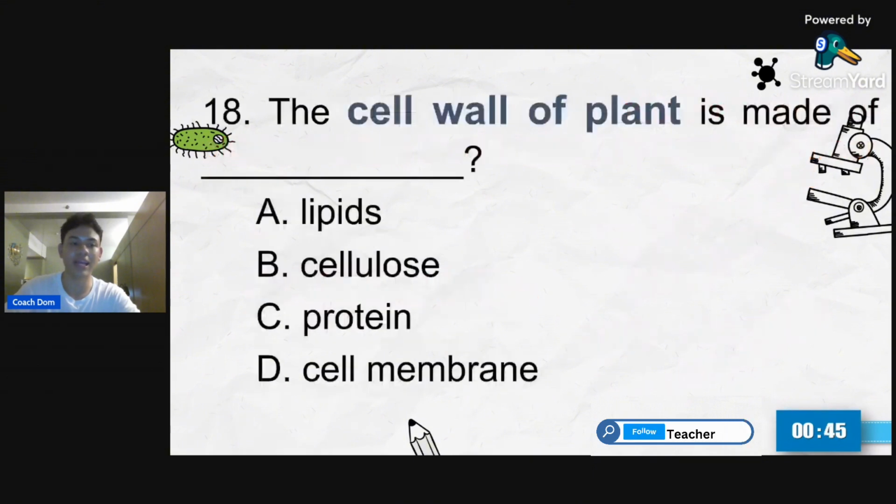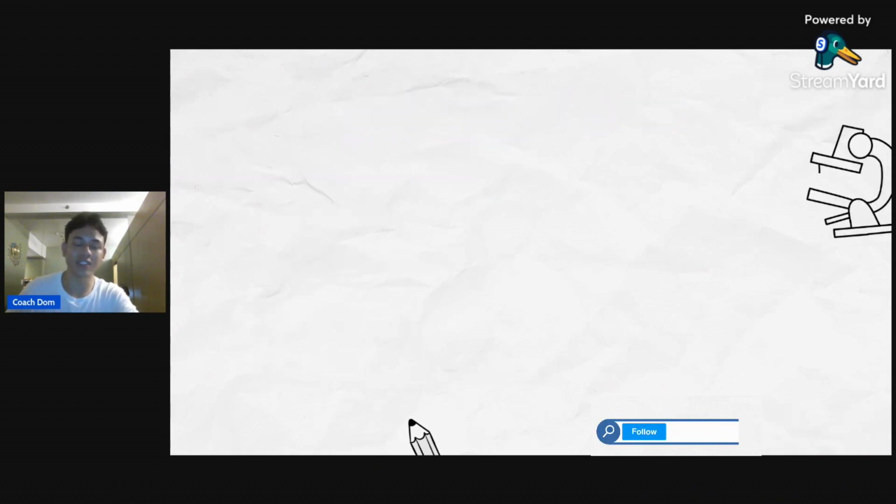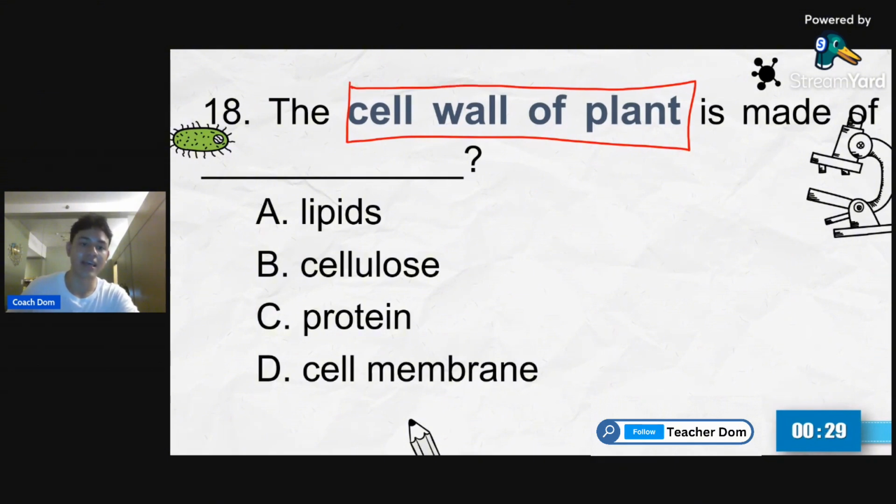Question number 18. The cell wall of plant is made of A. Lipids, B. Cellulose, C. Protein, or D. Cell membrane. Yung clue natin dito is yung cell wall of a plant. Saan ba made ang cell wall ng plant?